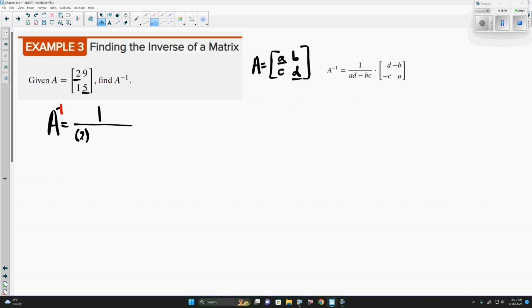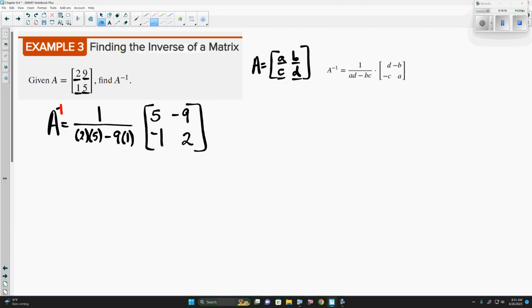So we'd say 2 times 5 minus BC, going the other direction, which would be 9 and 1. Multiply those together. Times the matrix. In the matrix, if we notice, A and D switch places. So for us here, 2 and 5 are going to switch. So 5 is in the top corner, 2 is in the bottom. B and C change signs. So that would be negative 9 and negative 1.